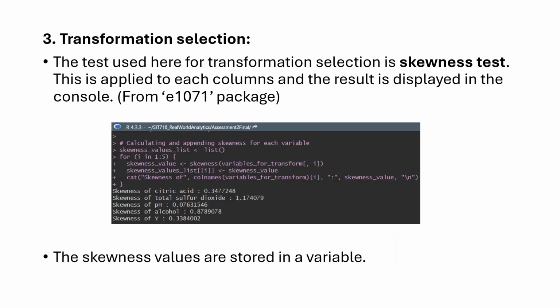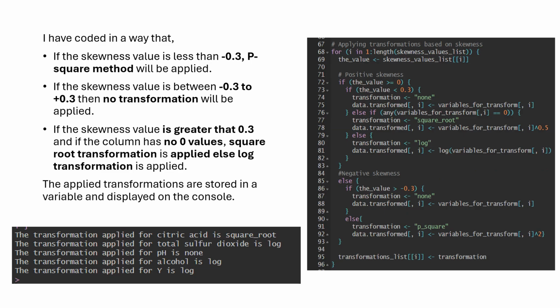Okay, in transforming the selection, this is the code for this, which I've extracted here clearly for the essence of this assessment, as we can see clearly here. Next slide.